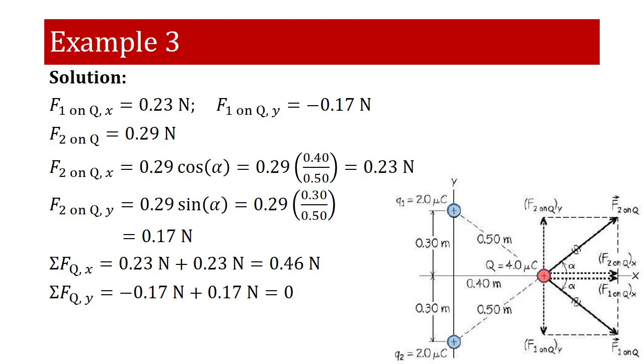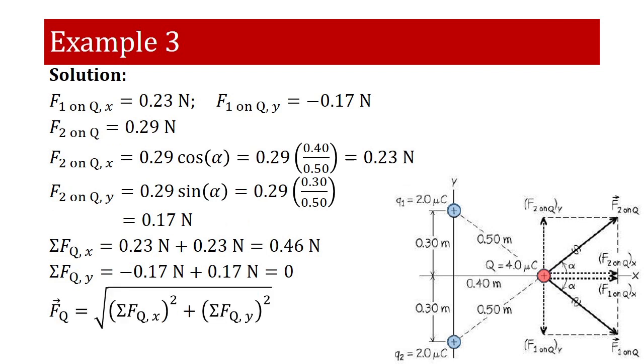And if you now have the summation of x and y components, you will use this formula, somehow similar to Pythagorean, no? The net force is the vector sum of the individual forces. So you take the square root of the sum of the squares of the two forces, 0.46 and 0.